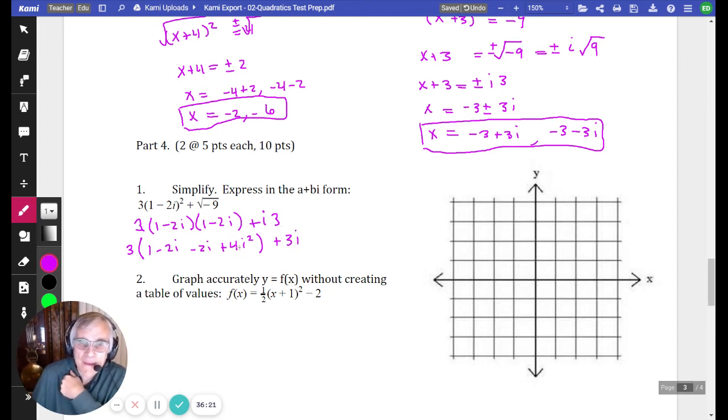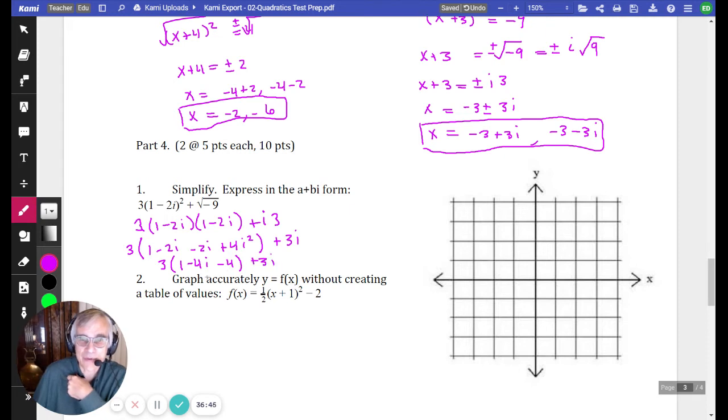Now, i squared is -1. That's the key thing. Anytime you see an i squared, say, hey, that's the square root of -1 squared, which should be -1. So this simplifies down to 3 times 1 minus 4i, combining the two i terms, minus 4, close paren, plus 3i.